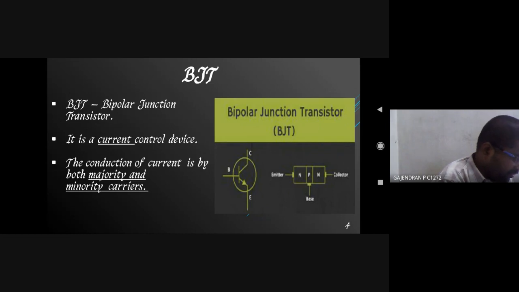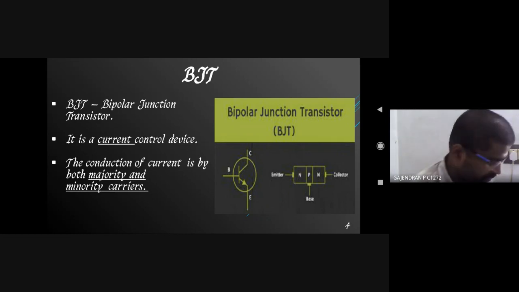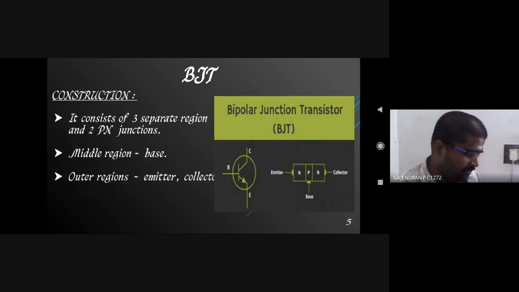BJT, Bipolar Junction Transistor, is a current-controlled device. The conduction of current is by both minority and majority carriers, so it is called a Bipolar Junction Transistor. Construction: a transistor consists of 3 separate regions and 2 PN junctions.